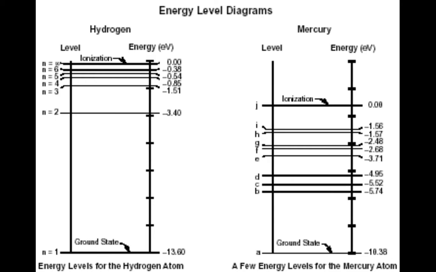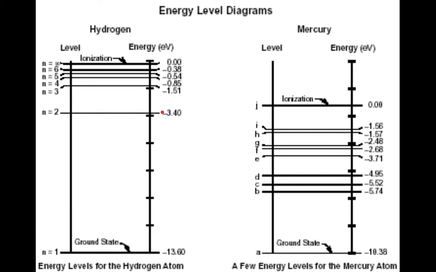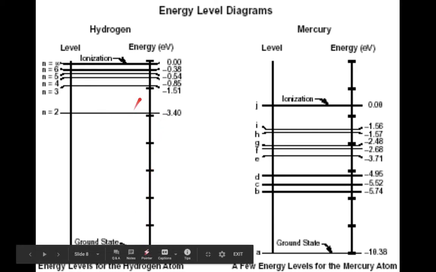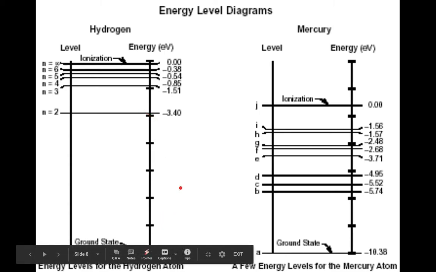If I have one electron, which hydrogen does, and it starts in the ground state, it would take some electricity or some energy to pop it up to the second level. So if I run electricity through a hydrogen light, the electrons might pop up to level 2. Well, it's unstable in level 2, so as soon as it gets there, it drops back down to level 1 and it emits light.